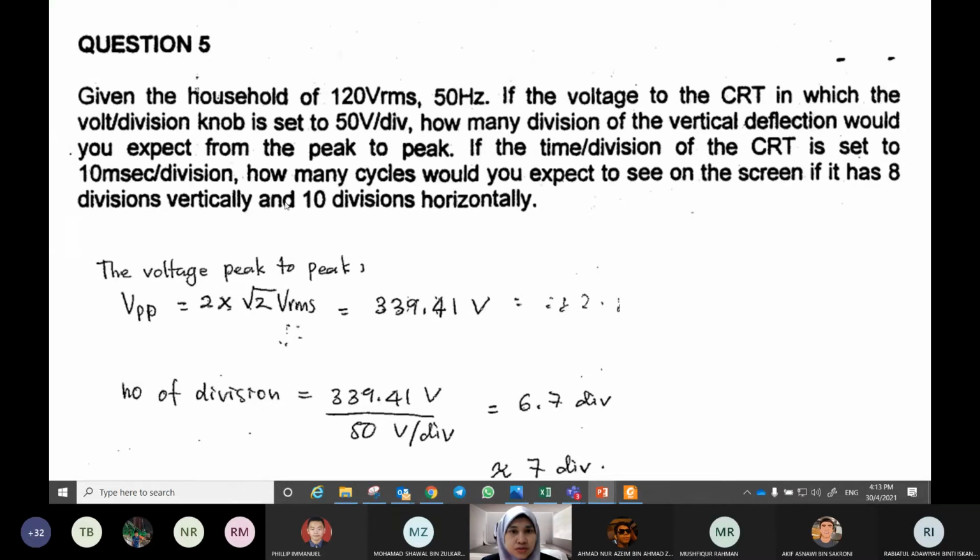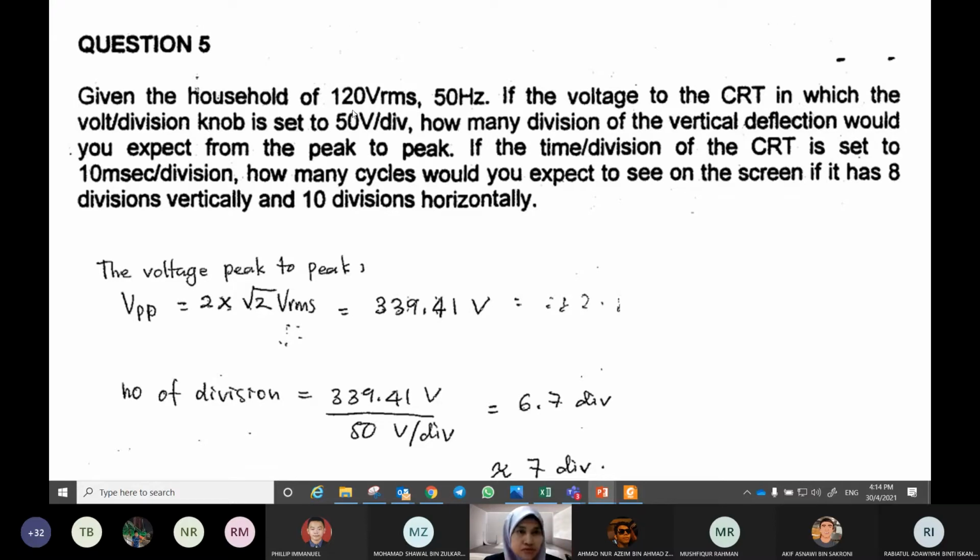So the question is, how many divisions on the vertical? And if the time base is 10 millisecond, how many cycles on the screen? Vertical meaning the voltage.